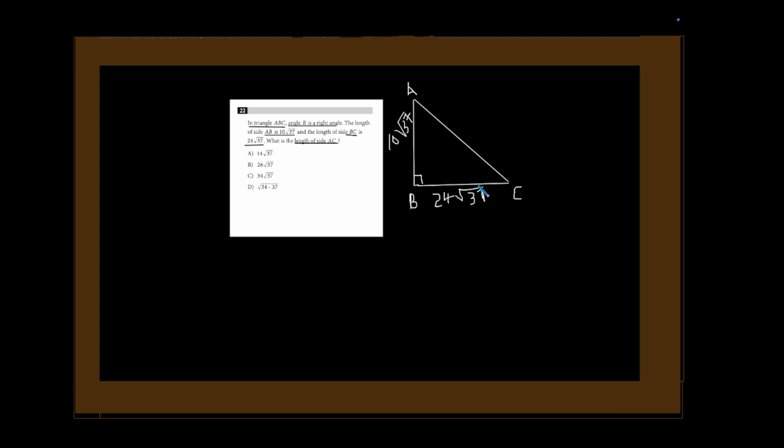So those are our lengths. So now we're going to do the Pythagorean theorem to find our hypotenuse, which is side AC. So we're going to have a squared plus b squared is equal to c squared.